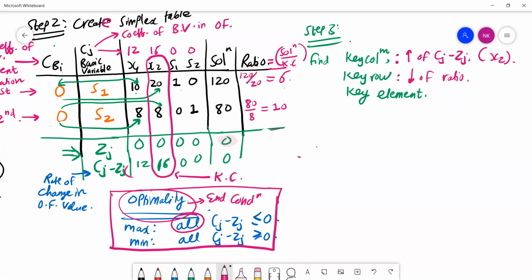Key row is the lowest value of the ratio. So let me highlight this key row, which corresponds to the variable S1. This is our key row. Let me write over here S1.